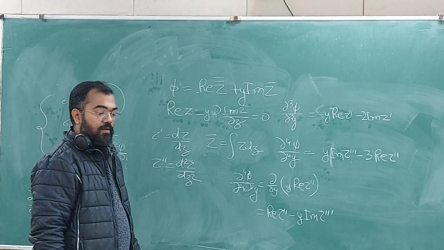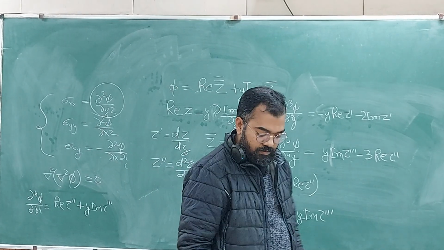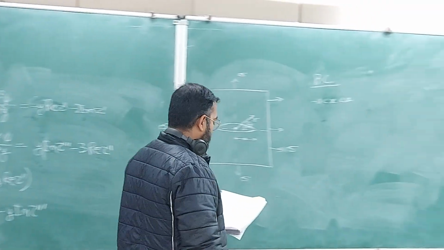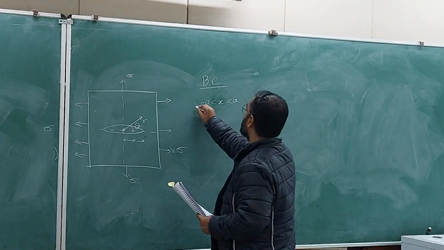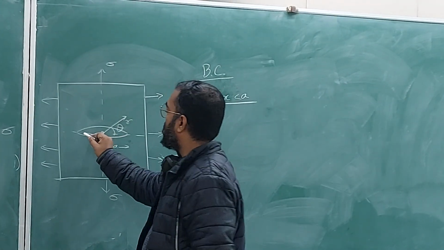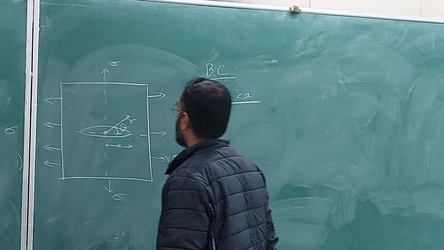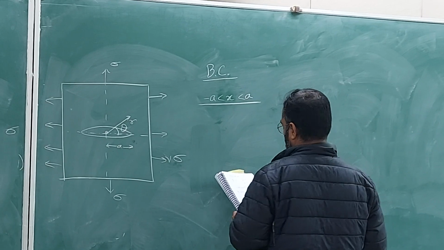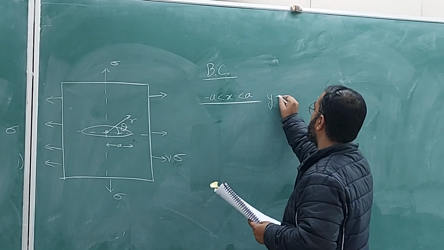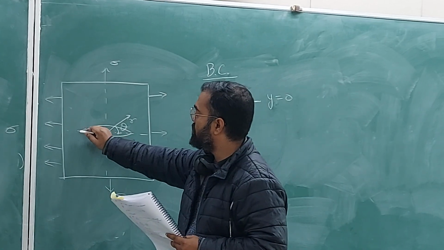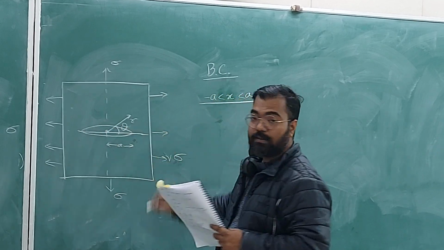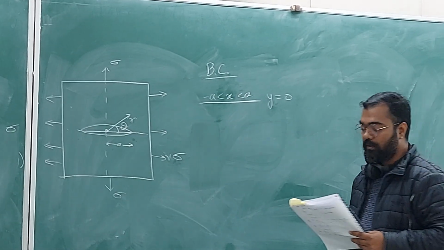Fine. So the boundary conditions for all the x's in this range, and for y equal to 0, that means along the major axis of this ellipse, what do we have?